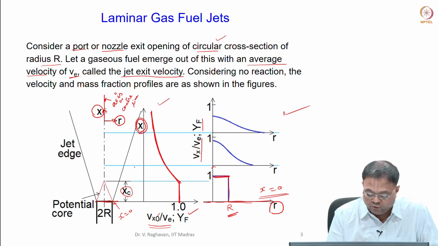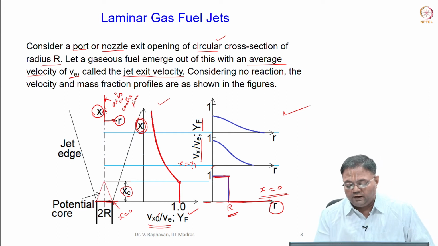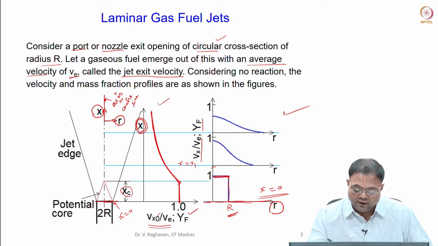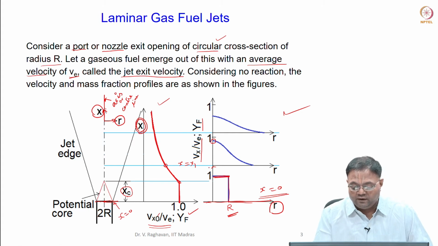Now, you take another location, say x equal to x1. At this location, I plot the radial profile. You see now that the velocity has decayed to some value. Vx by Ve has decayed, and this value is the center line value, at R equal to 0.